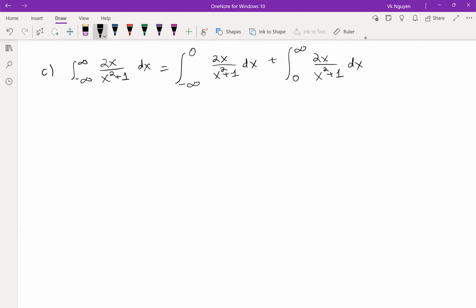Let's evaluate one integral at a time. Okay. So for the first one, this is just u-substitution. u is x squared plus 1, so du is 2x dx.